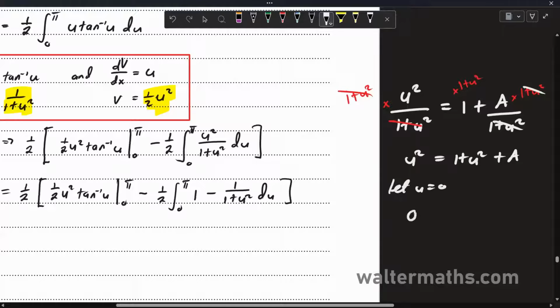So on the left side we have 0 squared, which is equal to 1 plus 0 squared, which is 1 plus a. So the value of a is minus 1. Therefore, u squared over 1 plus u squared can be written as 1 plus minus 1 over 1 plus u squared, which is the same as this.